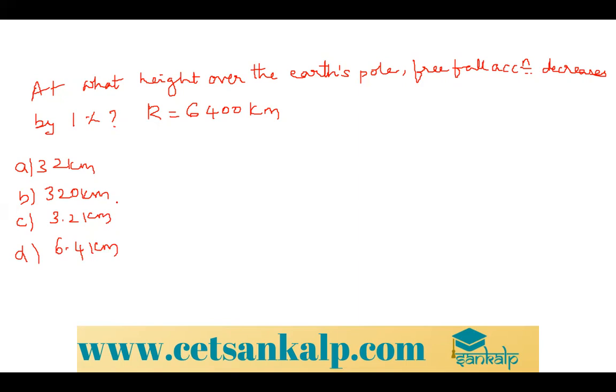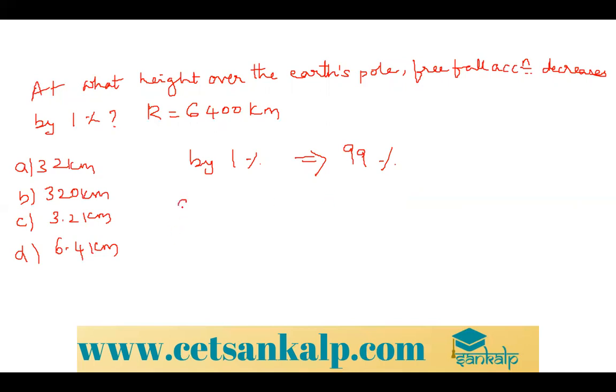So now as you know, the acceleration due to gravity decreases by 1%. This implies that it becomes 99% overall. Out of 100%, if there is a 1% decrease, it is 99%.